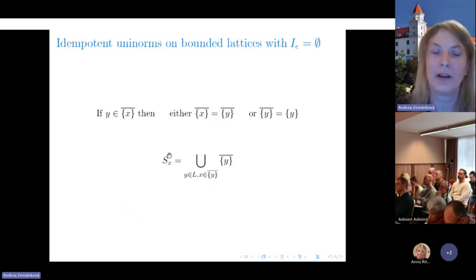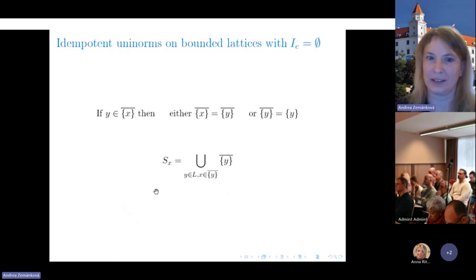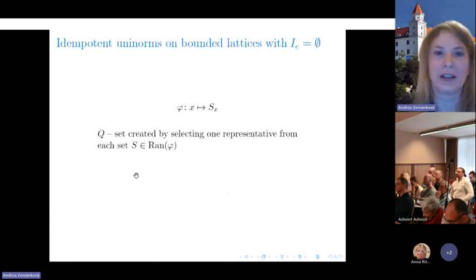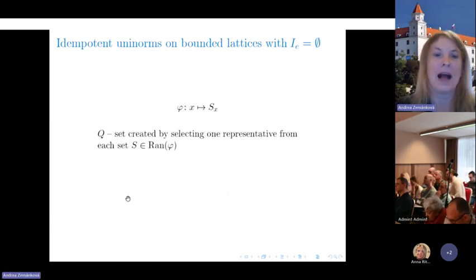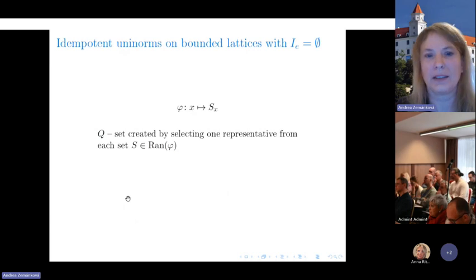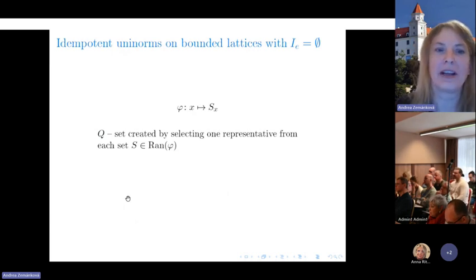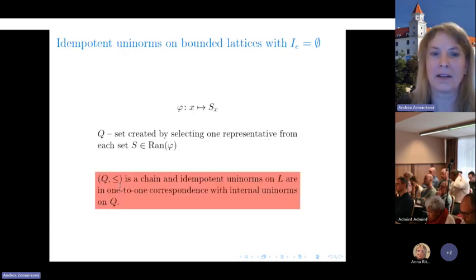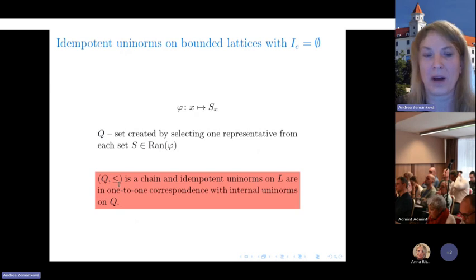So these are already our desired equivalency classes, which are closed under any idempotent uninorm, and we can show the main result here. So under assumption of axiom of choice, we can create a set Q by selecting one representative from each equivalency class. And then if we take order inherited from our lattice, this Q will be a chain.